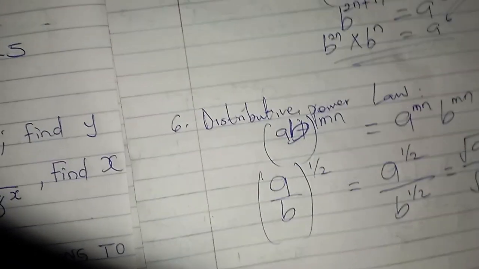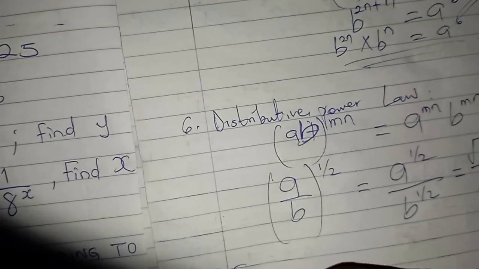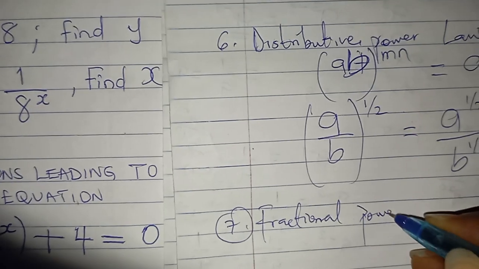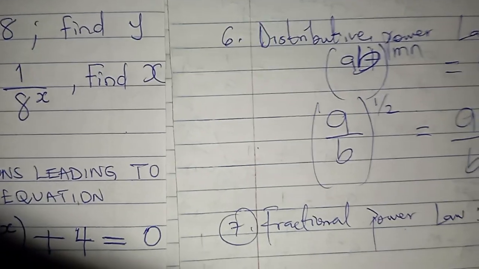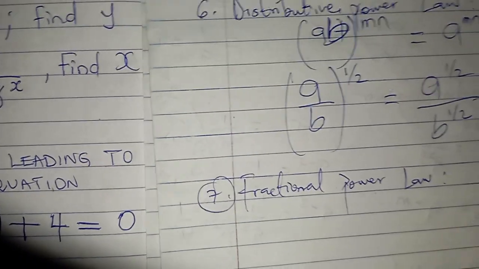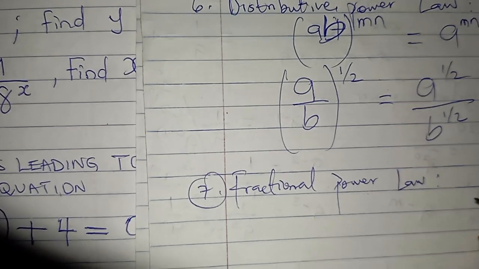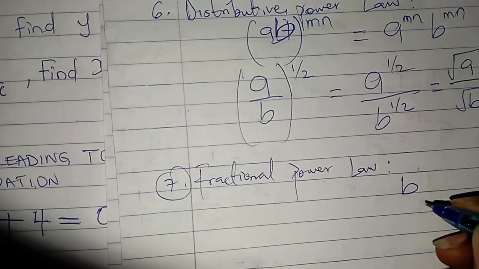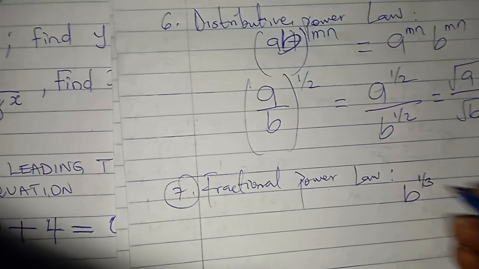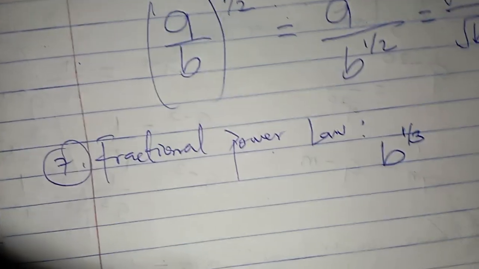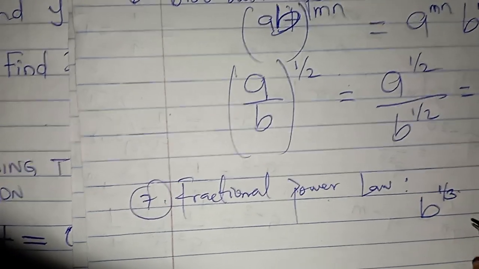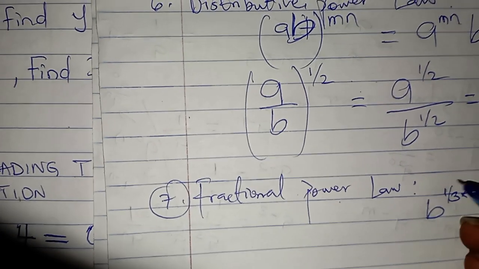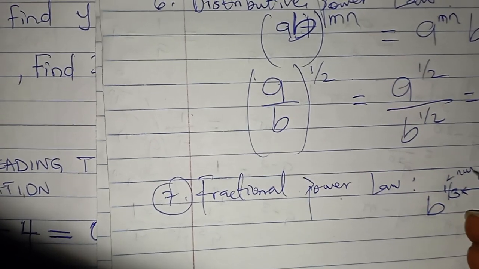So this takes us to the seventh law, which we call fractional power law. Fractional power law simply states that if we have the power of any variable or any number, say b, raised to a fraction, let's say 1 over 3, the denominator, the one down, will become the root, while the numerator will become the power.